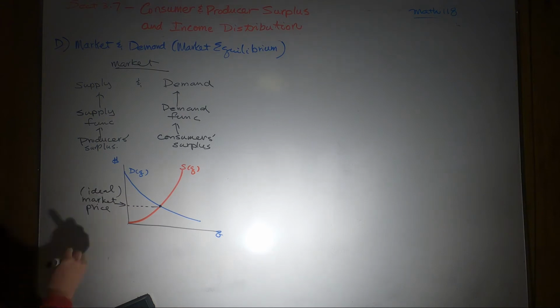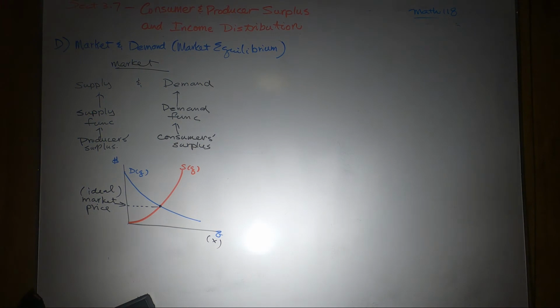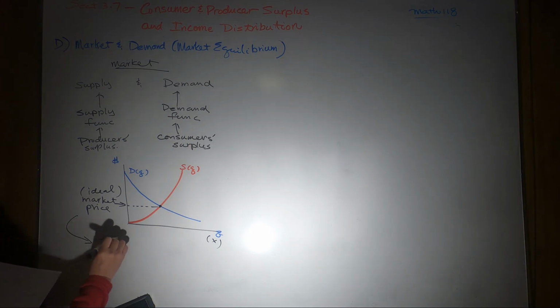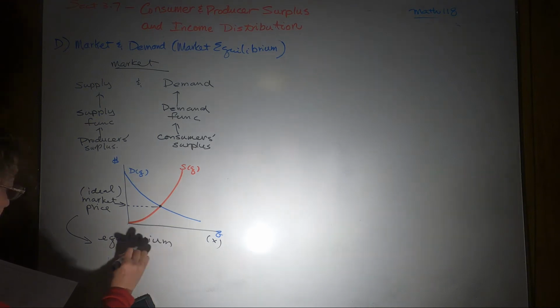You have to learn this in your business class. Then that's our x, or we use Q. And so the ideal price, we say it's the equilibrium price, right?